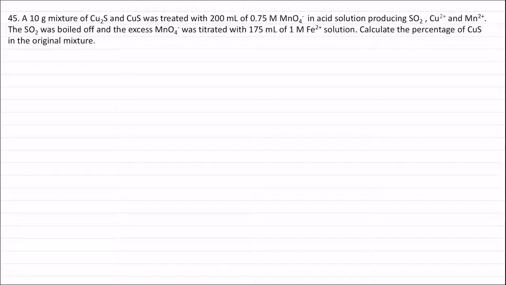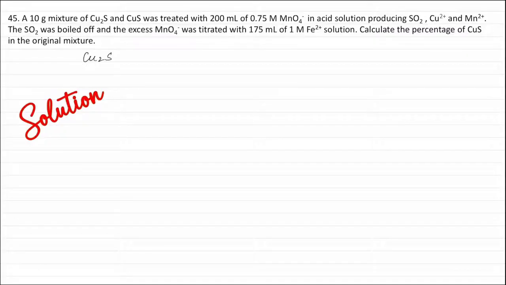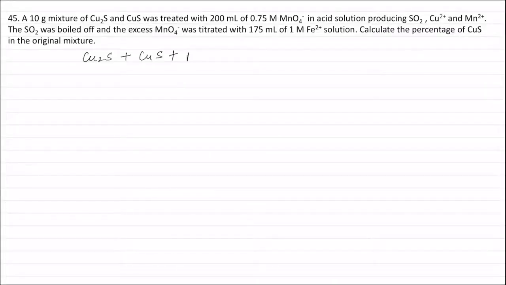Calculate the percentage of CuS in the original mixture. The mixture of Cu2S and CuS reacts with MnO4- to form Cu2+ ion plus sulfur dioxide plus Mn2+.